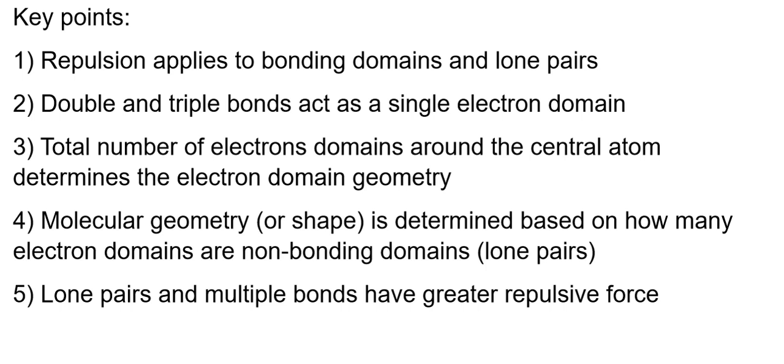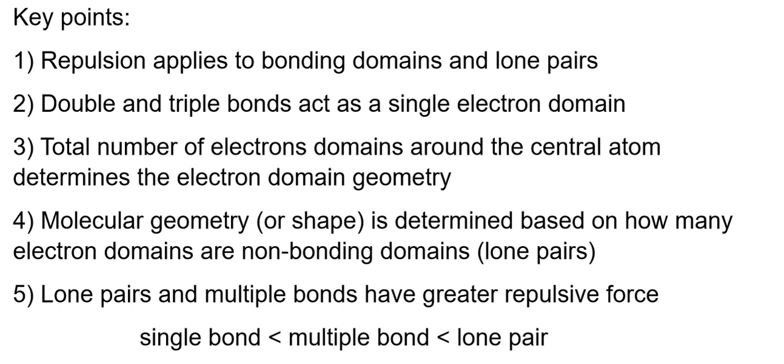They're located in a smaller region of space, therefore exert a greater repulsive force on single bonds. So the order of force that we have here: single bonds will repel the least, multiple bonds will repel more, triple more than double, and then lone pairs will repel the most.